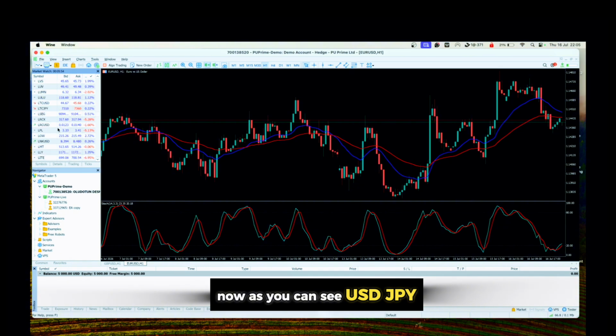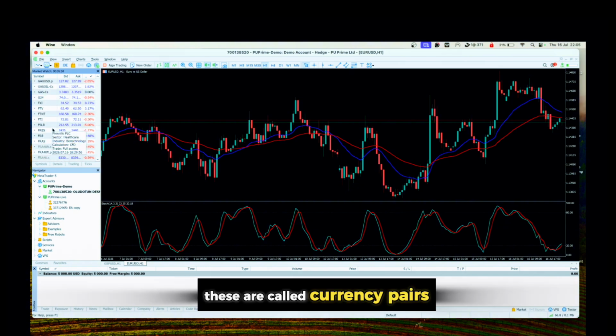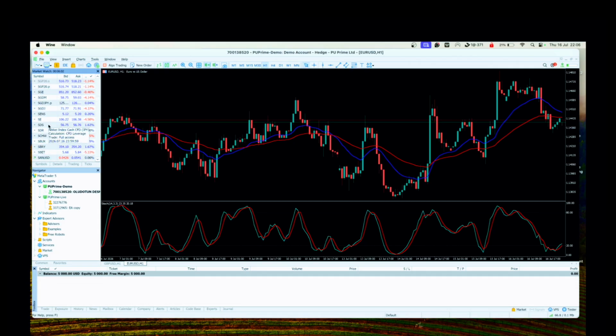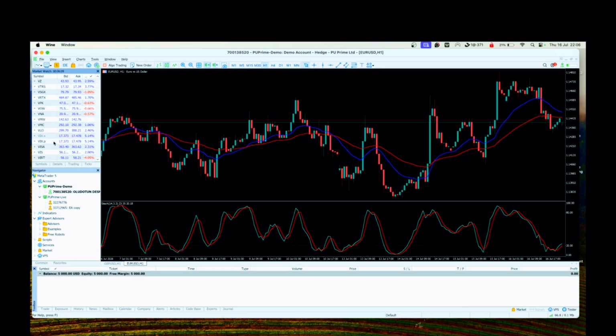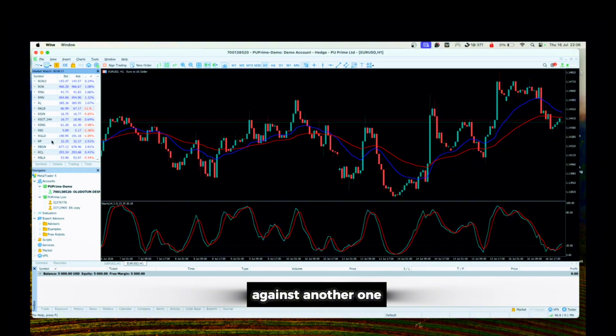Now as you can see, USDJPY. These are called currency pairs. A currency pair compares the value of one currency against another one.